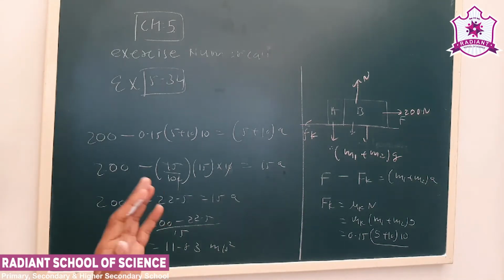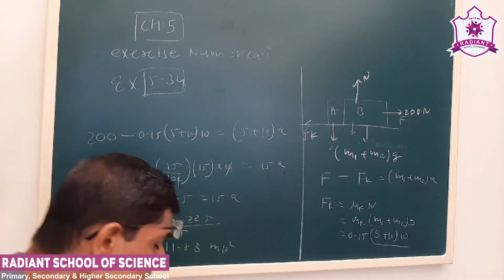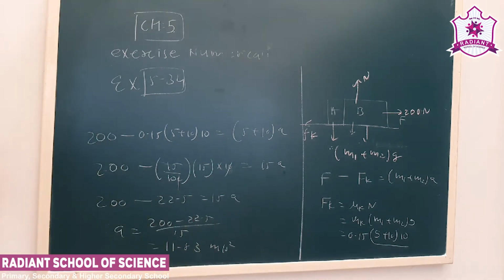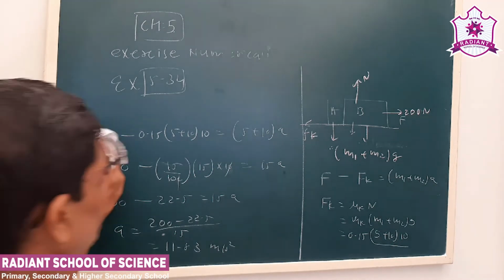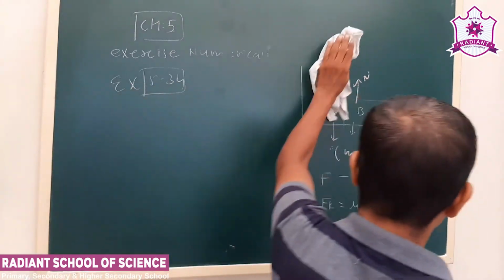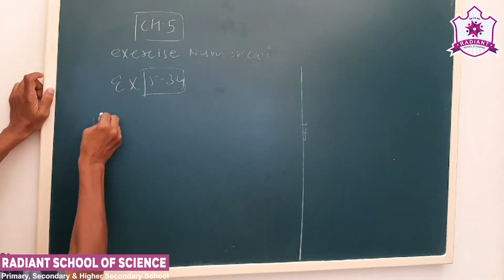Right now we considered that the partition was there, so that's why the common acceleration of the system is this. Now the second part: if the partition is not there, how will the force change? That is part B of the question.